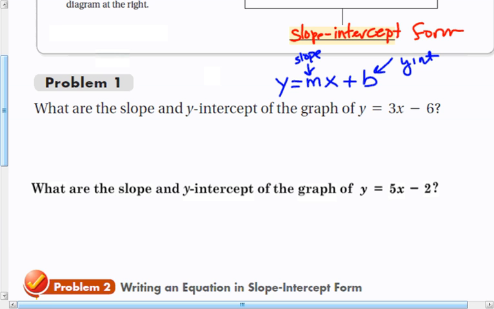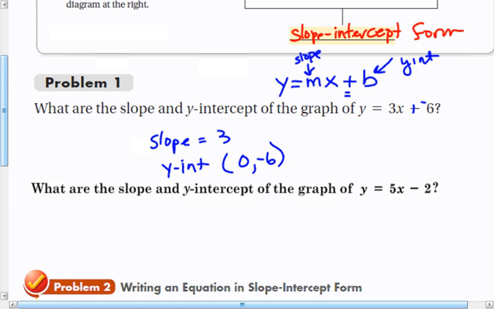So the slope in this one is 3. The y-intercept is the point (0, -6). And the reason it's a -6 is because it's considered in slope-intercept form if it's written as addition. So adding -6 would make sense there.